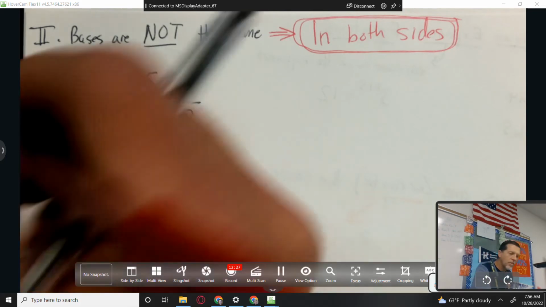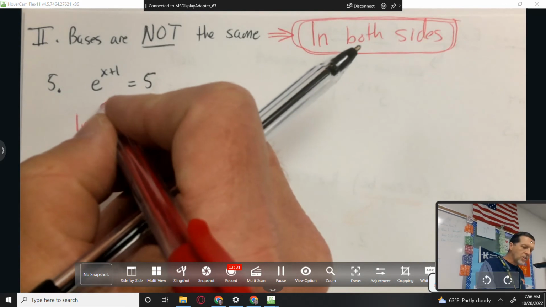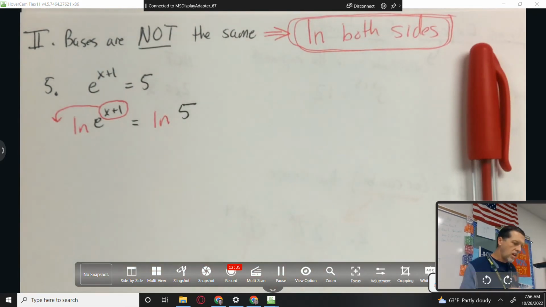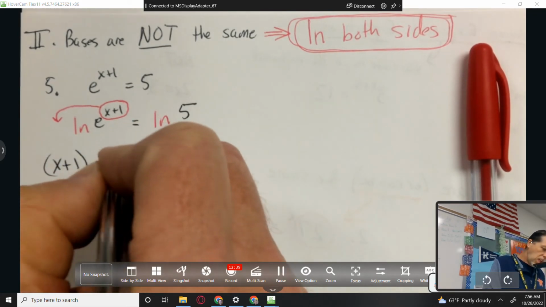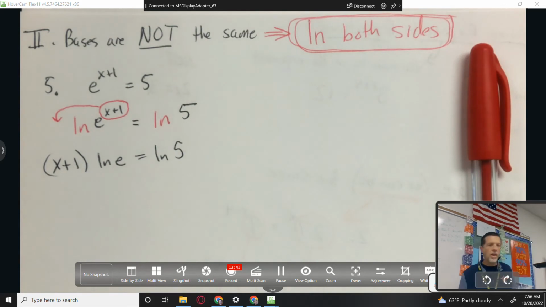I can put it in front. So the whole point of natural logging both sides is so that the exponent now becomes a coefficient. That's why we natural log both sides. It makes it a lot easier.